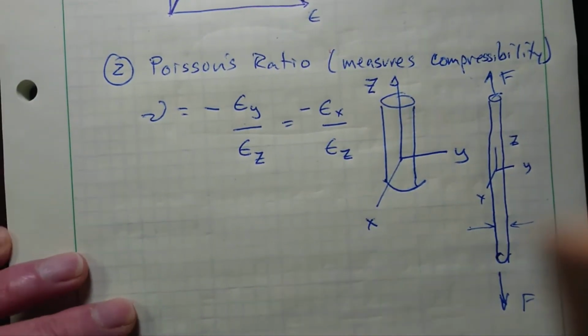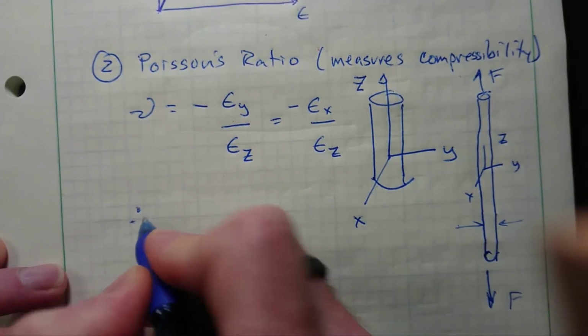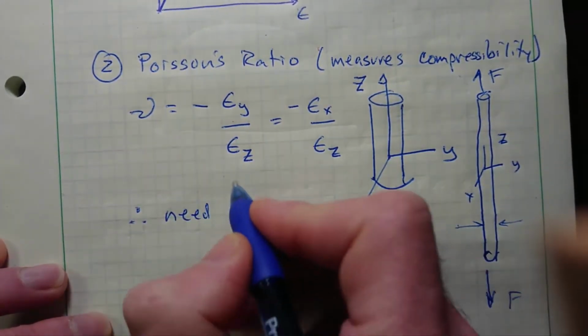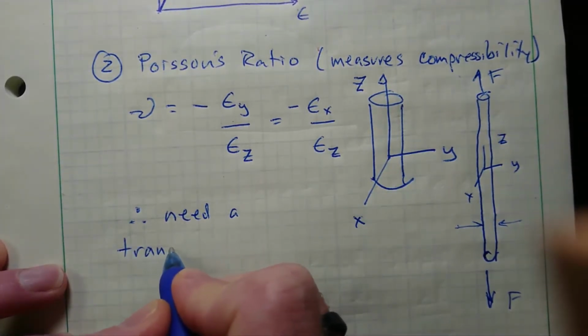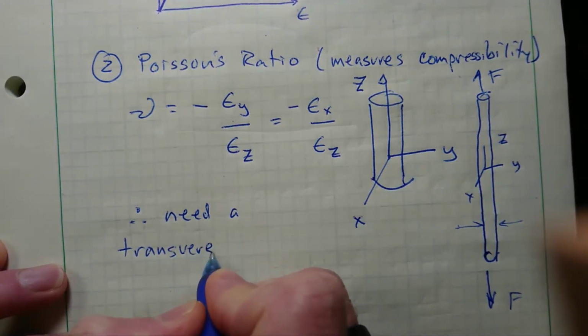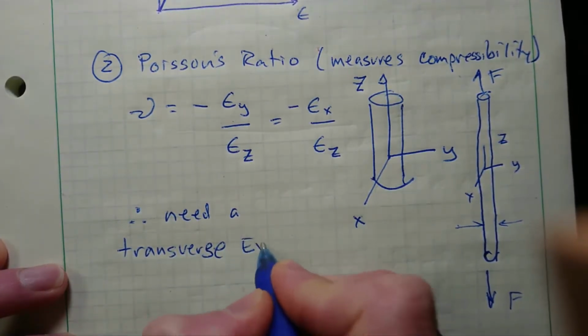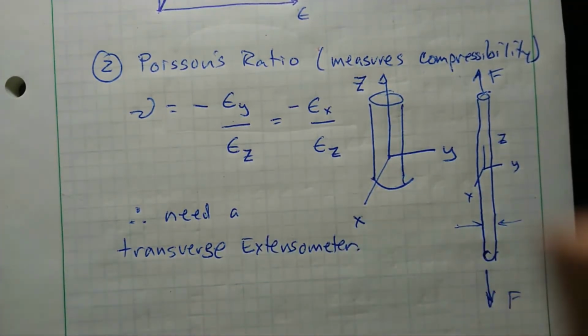Now, to measure this, we need to be able to measure the strain in the y or the x direction. Therefore, what we actually need is another extensometer. We need some way to measure that change in diameter. So we need a transverse extensometer. Okay, these are the two main elastic properties that we can pull out of a tensile test machine with the right equipment.